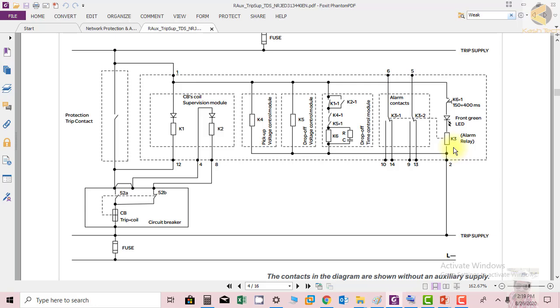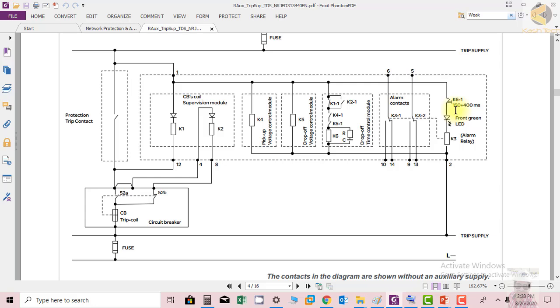And here you can see, instead of giving a time constant, instead of connecting an RC circuit, what they have done is they have just initiated a time delay relay at the output contact. So they have connected a time delay relay. So during transients, if the pulse is continuous for more than 150 to 400 milliseconds, that is adjustable, or you can order as per the ordering code.